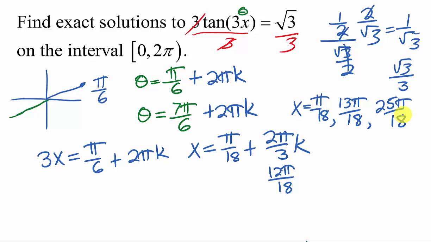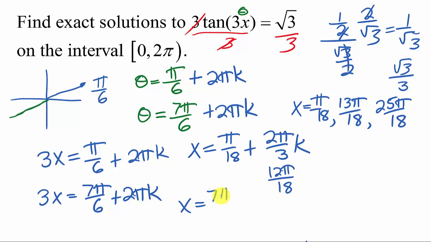Now I'm going to get the other 3 solutions by taking 3x equals 7 pi/6 plus 2 pi k. And again, solving for x, I would have x equals 7 pi/18 plus 2 pi thirds k. Kind of squishing it close to that other one.